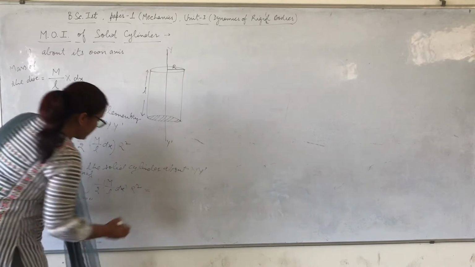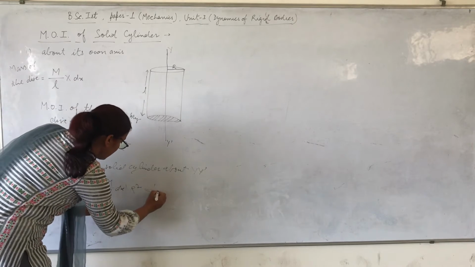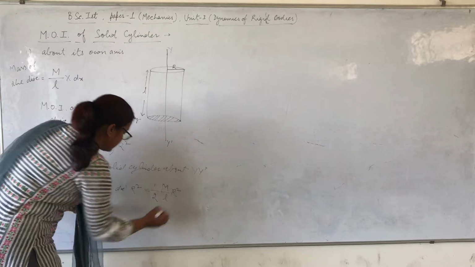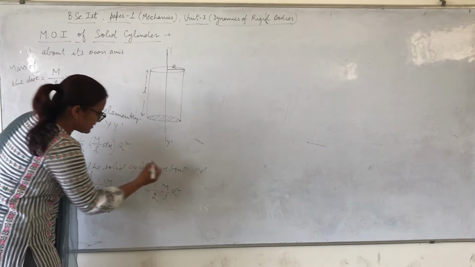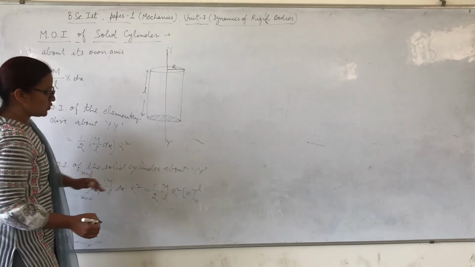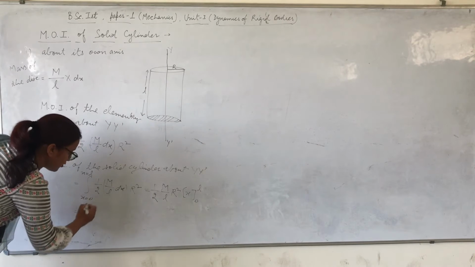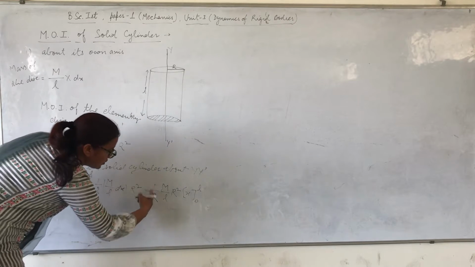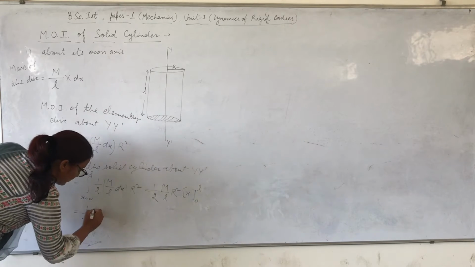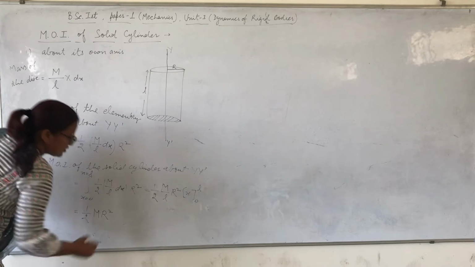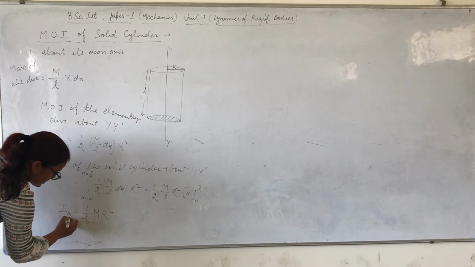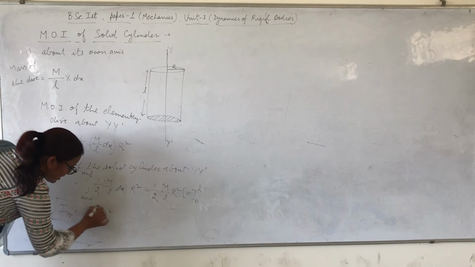When we solve this, we get 1 by 2 M by L r square, as these are constant; integrating dx results in x, and when we put the limit from 0 to L, the L gets cancelled, so we get 1 by 2 M r square. So this is the moment of inertia of the solid cylinder about the axis y dash, that is about its own axis.